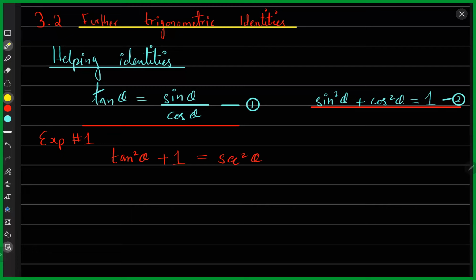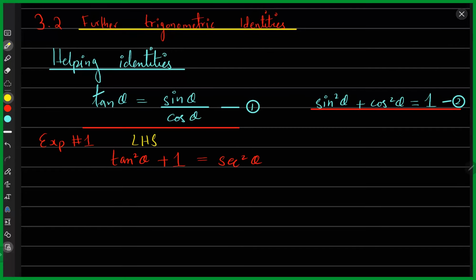In order to simplify any trigonometric identity, you need to know one thing. You can start off with the left side or the right side. Now this is the left side of the identity, and this is the right side of the identity.